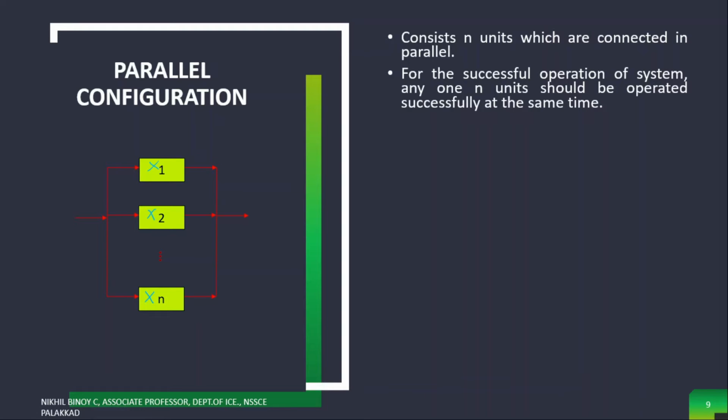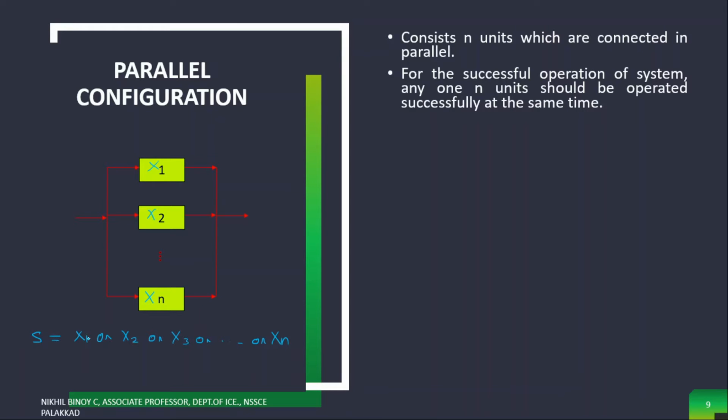Am I correct? So what do we have? We have the survival of the system, we can write it as S. This event, the survival of the system, will occur if any one individual survival event occurs. So we have x1 or x2 or x3 or etc. or xn.